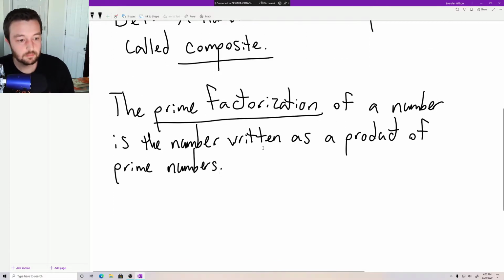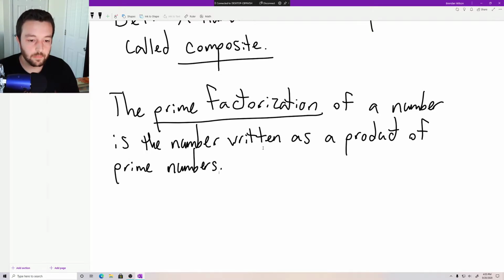Okay. So we take a number and we write it as a product of prime numbers. And one of the special things about numbers is that every single number can be written as a unique product of primes. So every number has its own prime factorization.